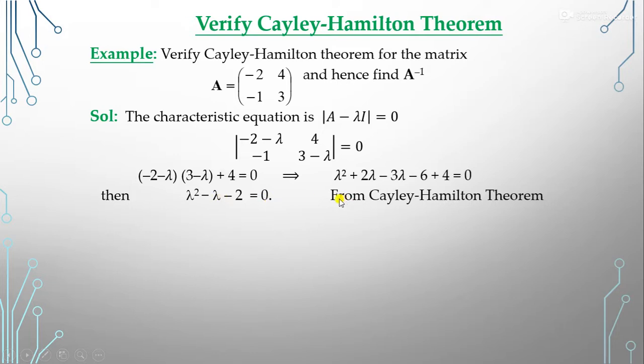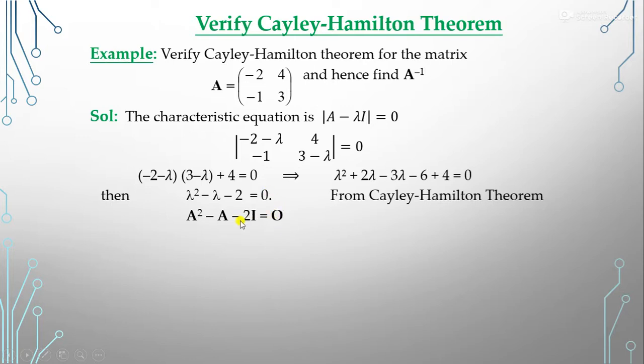And what is the Cayley-Hamilton theorem? The Cayley-Hamilton theorem says that matrix A satisfies its characteristic equation. So this will be A square minus A minus 2I is equal to O, and here we take O because this represents the 0 matrix, right?